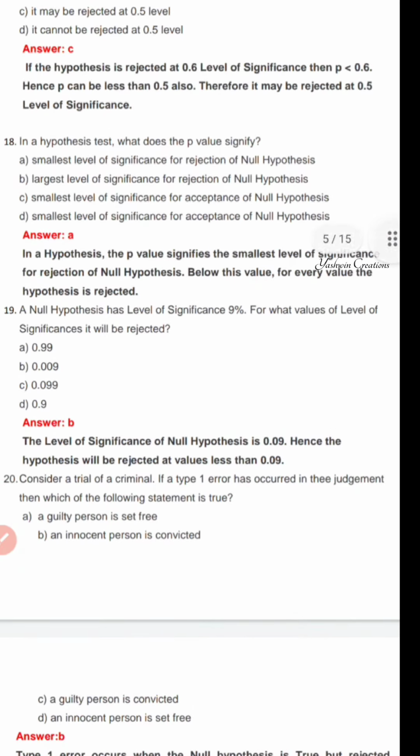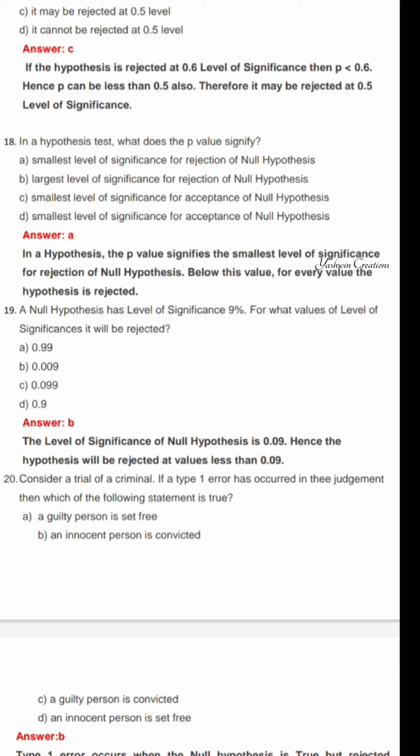A null hypothesis has a level of significance of 9%. For what values of level of significance will it be rejected? So they are saying 9%, which means 0.09. Before, we read that it is the smallest level of significance for rejection. So it should be below 0.09.